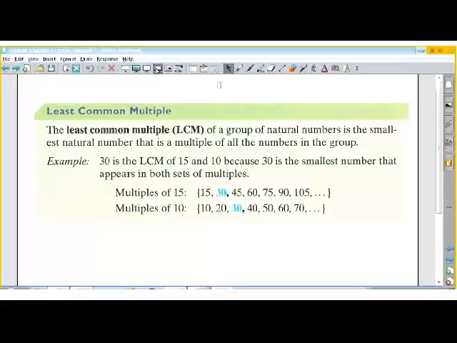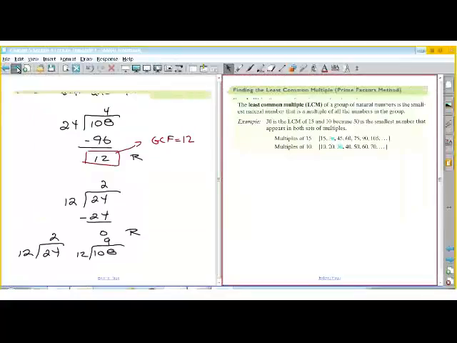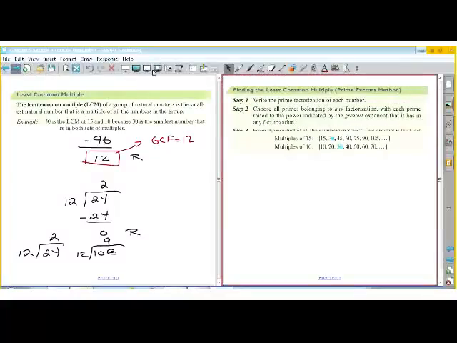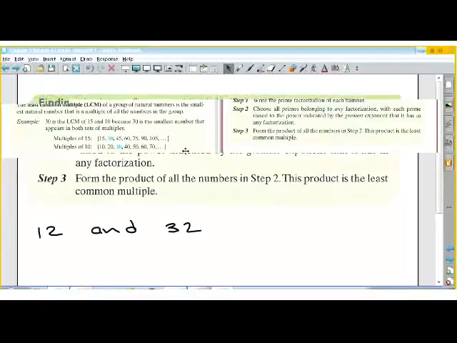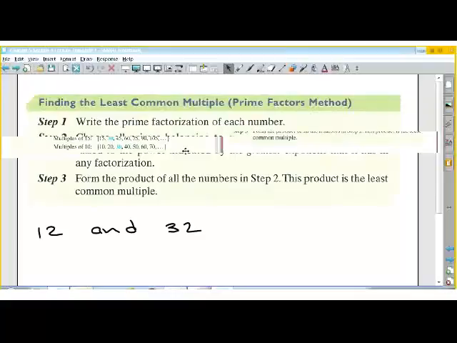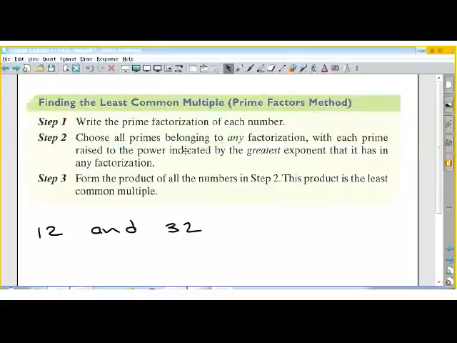So how do you do that? Well, there are two techniques. We don't have a third technique. It's basically the same two types of techniques, except you use a different rule to figure out what the answer is. So you still do a prime factorization of each number, but the new rule is you choose primes that belong not to all factorizations, but to any factorization.